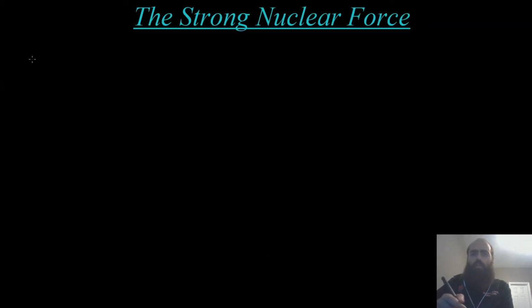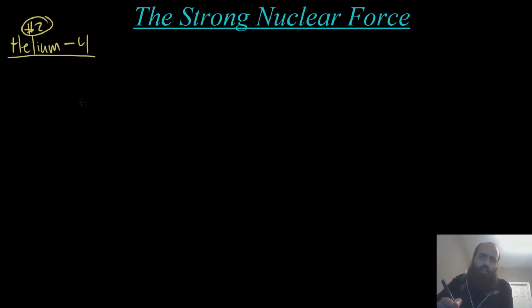To set the stage for that, I wanted us to consider a helium 4 nucleus. Helium 4 is just the number of protons and neutrons in the nucleus. Helium is number 2 on the periodic table, which means it has 2 protons.